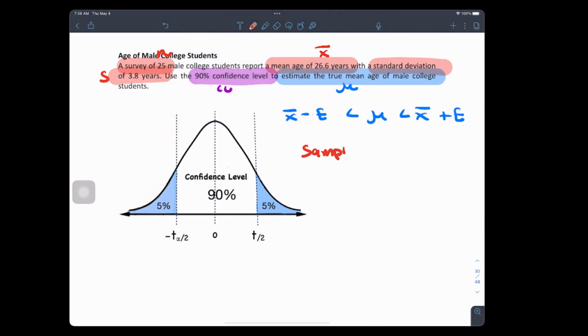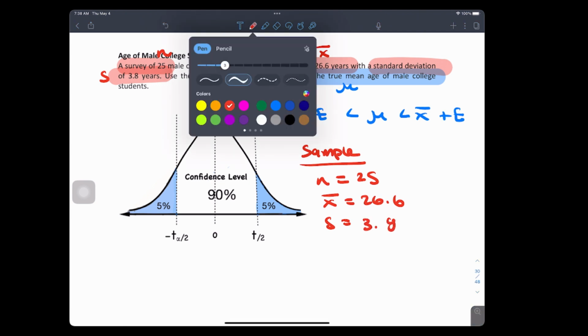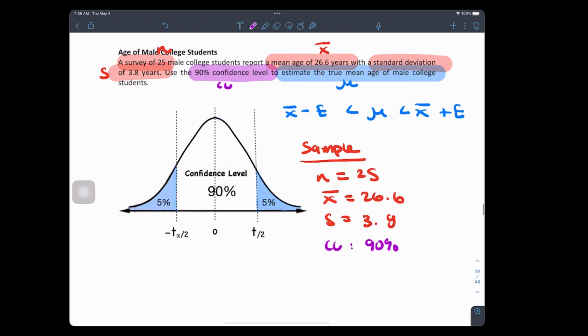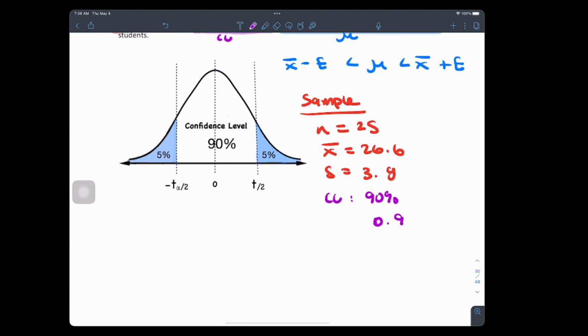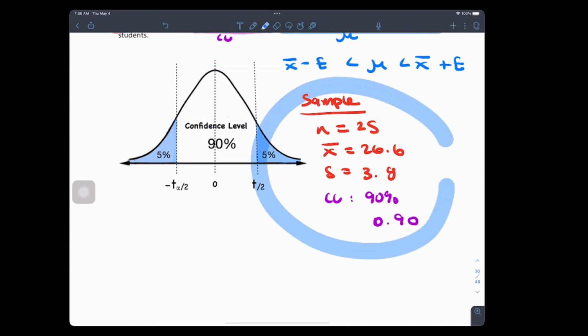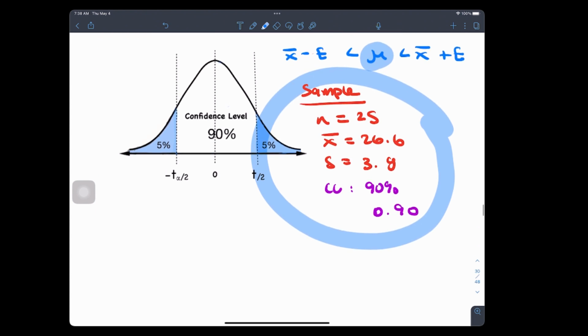So we're going to write down the sample information again. What's the sample size? 25. Sample mean is what? 26.6. Sample standard deviation? 3.8. Confidence level? 90% confidence, and that's going to be point what? 90. Now remember, what's the focus today?